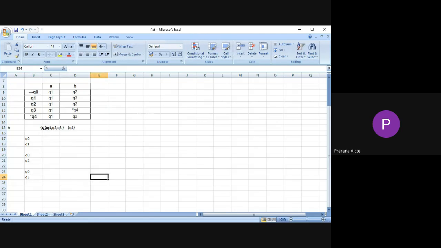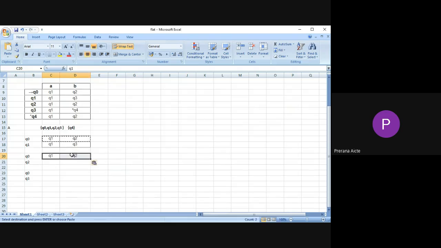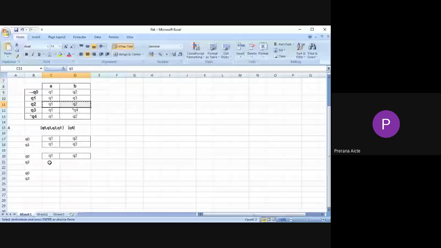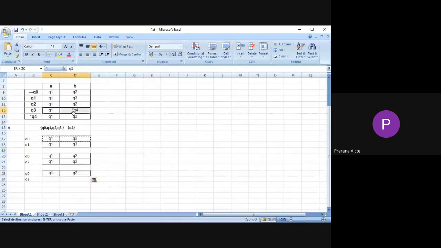For all these possibilities, we check the transitions on input A and input B. For Q0 and Q1, it is Q1 Q3 for one input, and Q1 Q2 for the other. For Q3, it is Q1 Q4.